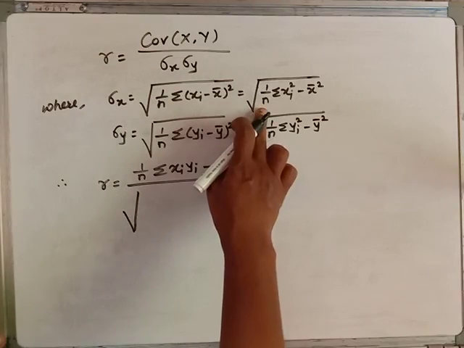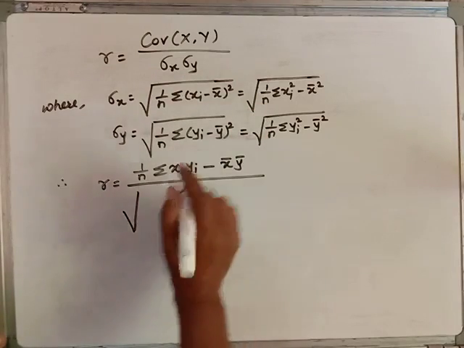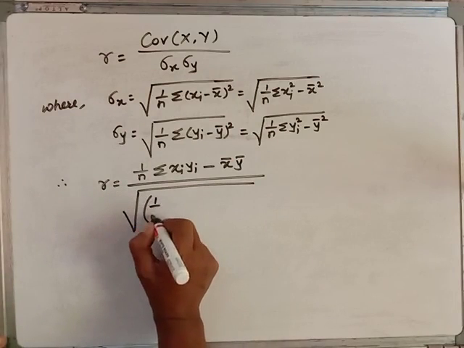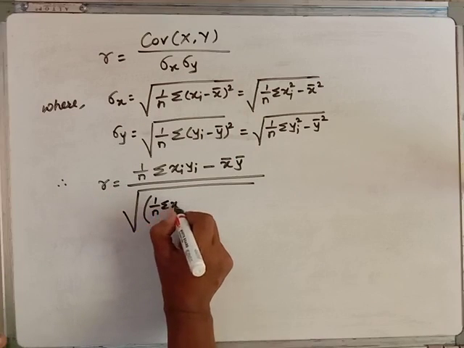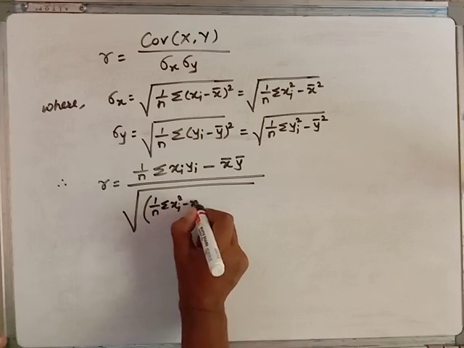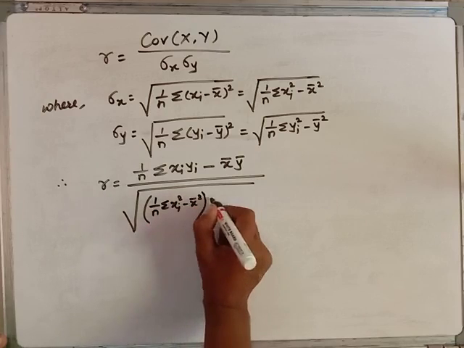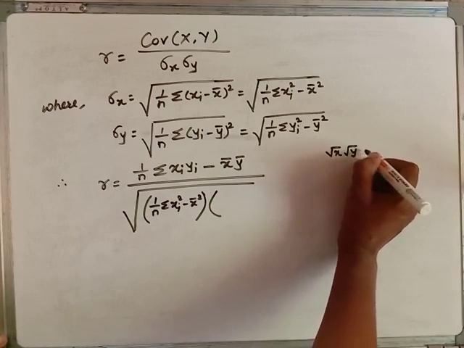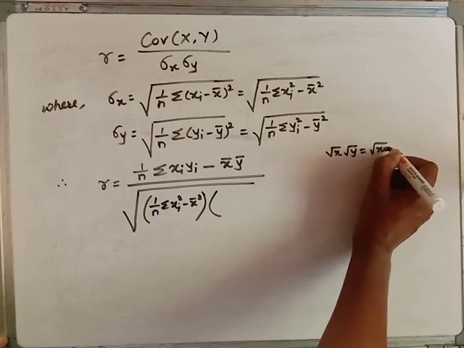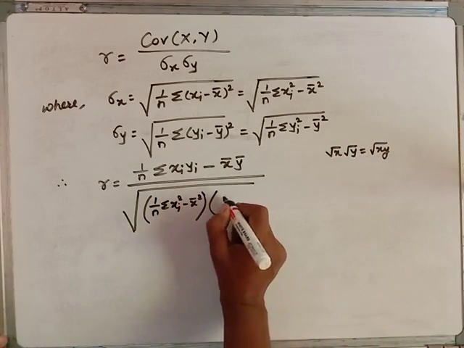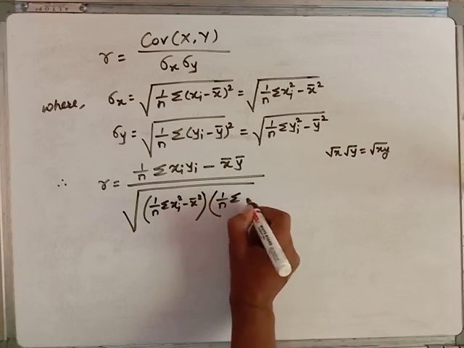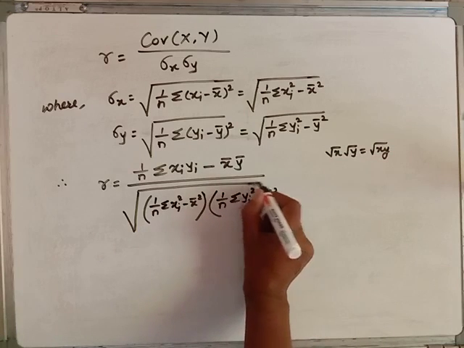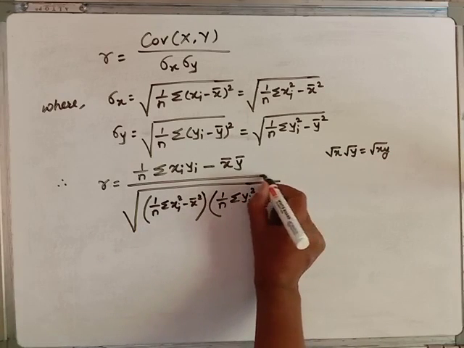The square root is here also, square root is here also. Let me take a combined square root. So it is 1 upon n summation xi square minus x bar square into, as such, 1 upon n summation yi square minus y bar square. We can write it as such.